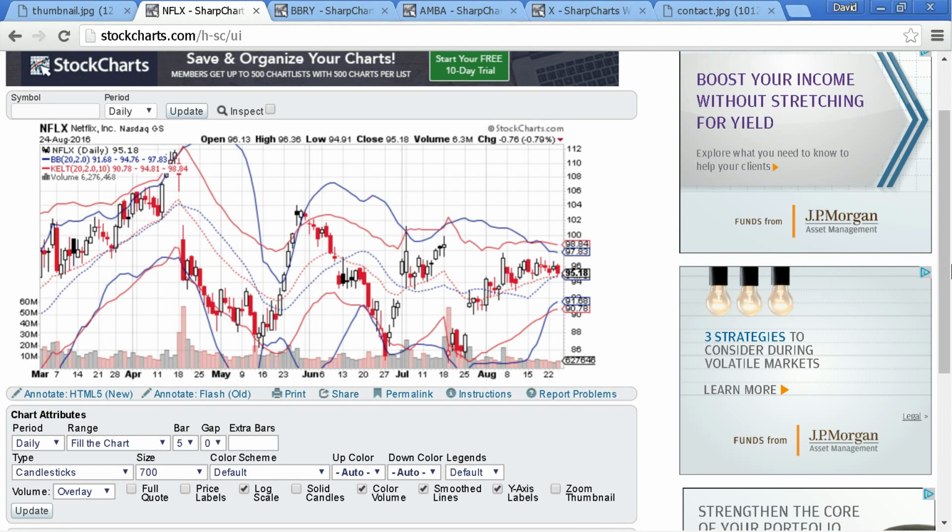When the Bollinger Bands squeeze or contract, in other words, when the blue lines get close together, that means that the stock has been moving sideways for a while. It has not been volatile lately.